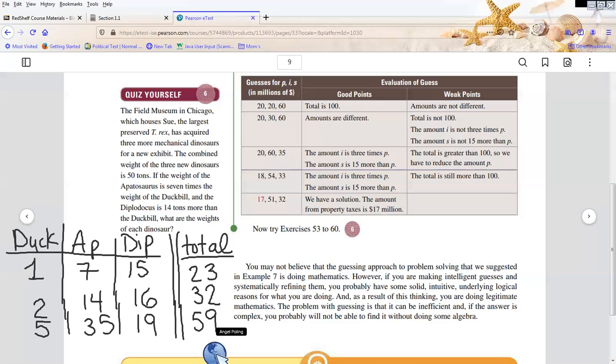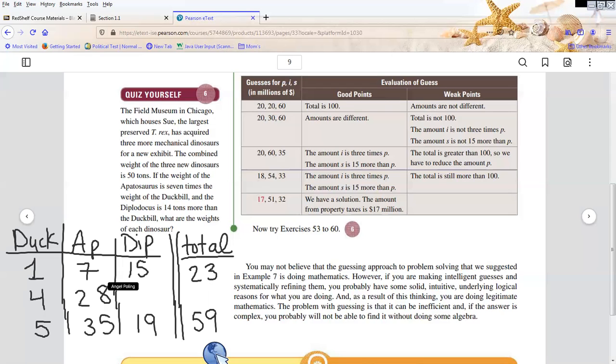So we're guessing again, right? This time we guessed too high. So we'll try now making, I need a little space here, so we'll take out this middle one. And we'll back it up to like the duckbill being 4. 4 times 7 is 28.